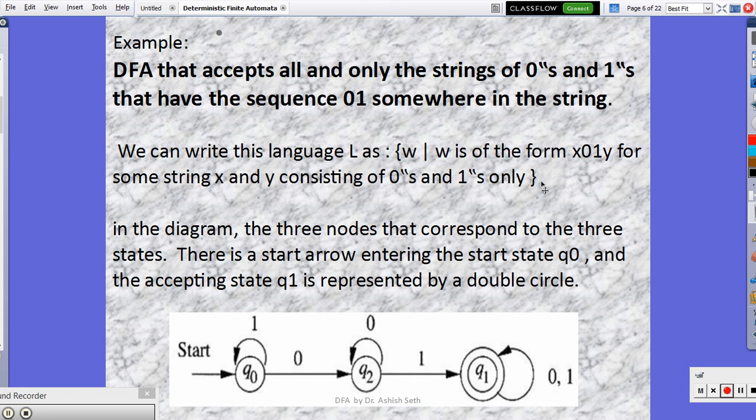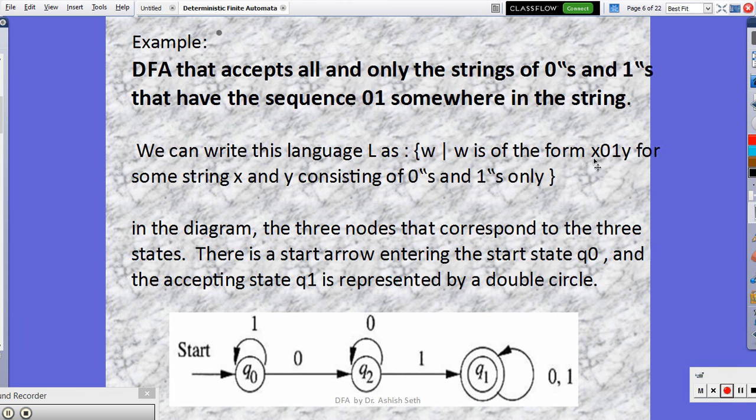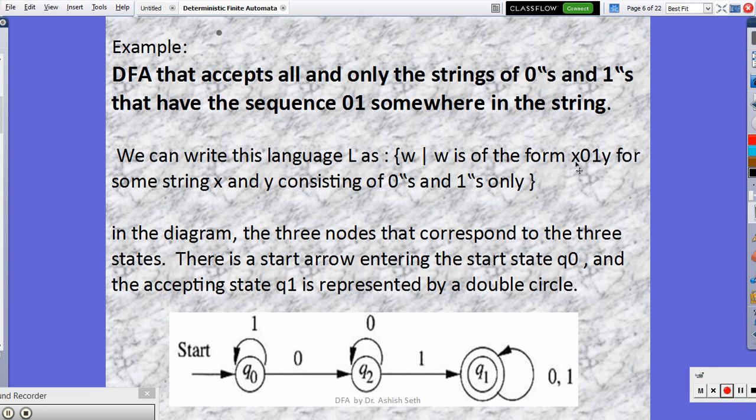By this I mean that this is the format of the string, where it contains minimum 01. This x may be any combination of 0 and 1, y can be any combination of 0 and 1.